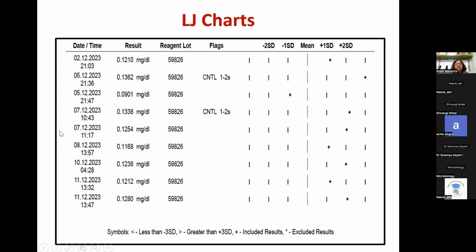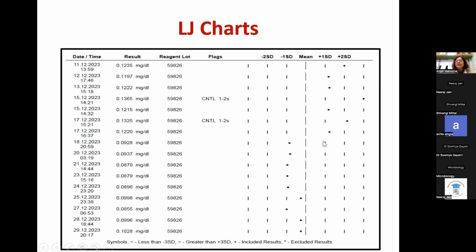Now see here. There has been a lot of running of controls. Has the lab done any root cause analysis? If it has shifted here, why has there been such a sudden shift? And then it has been on this side only. I'll give you another example where all the values are on the plus 1 to 2 SD, coming here, here, here, here.